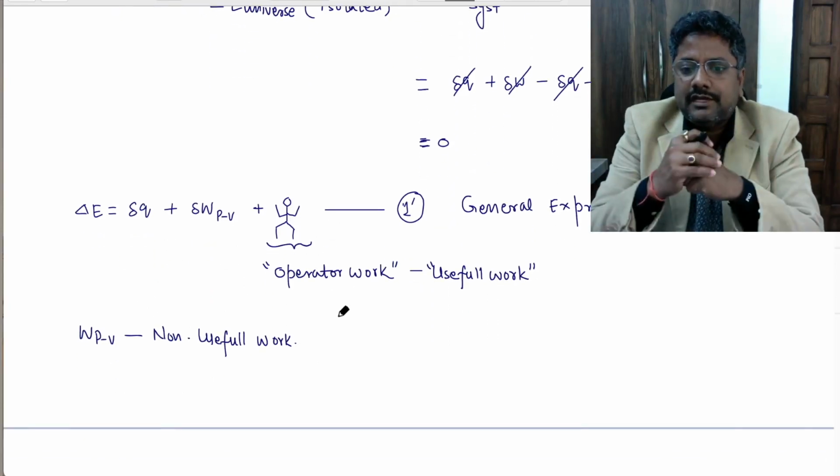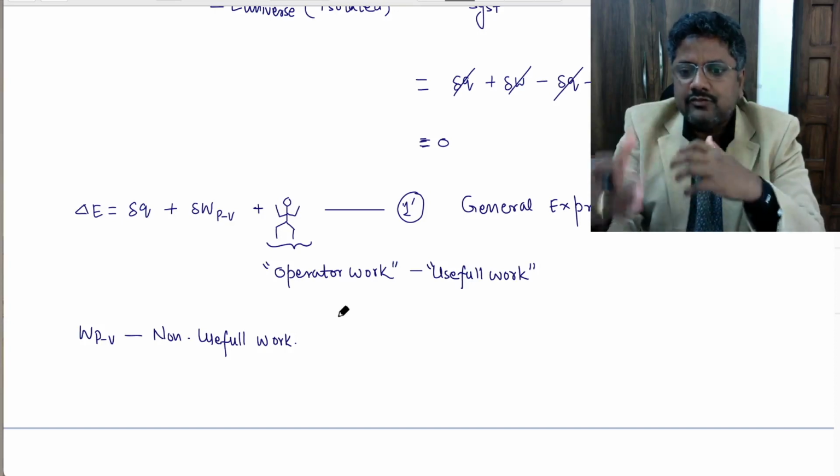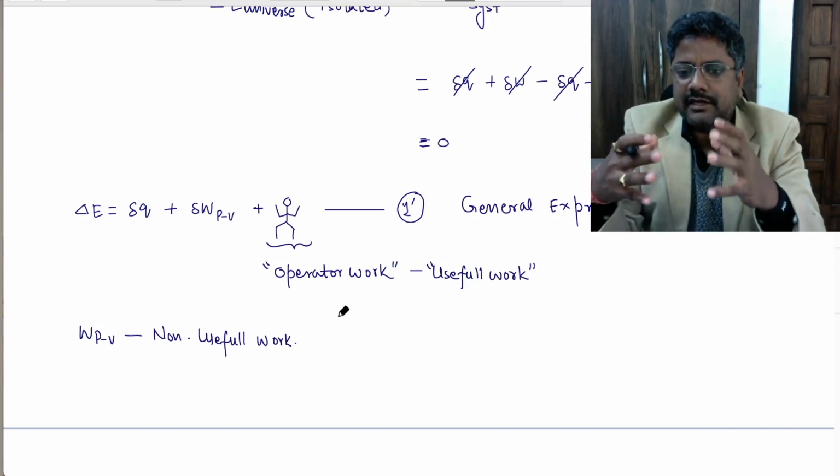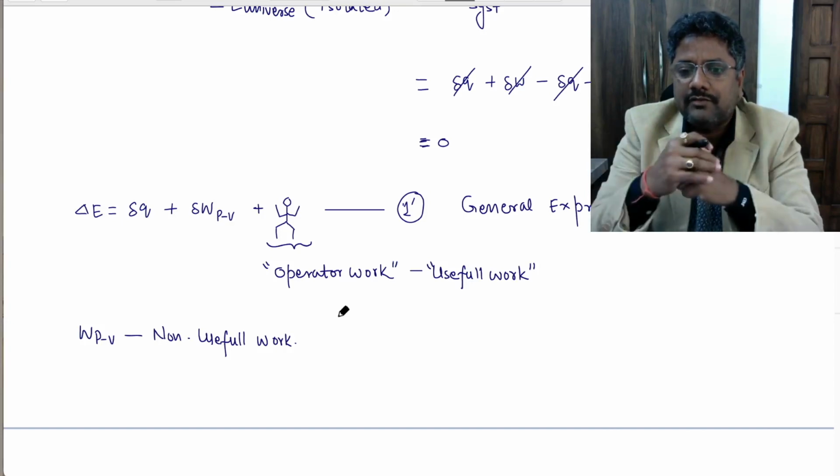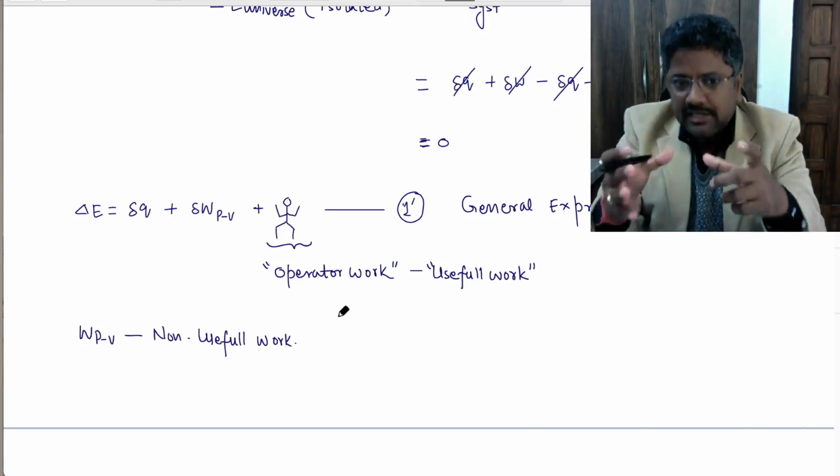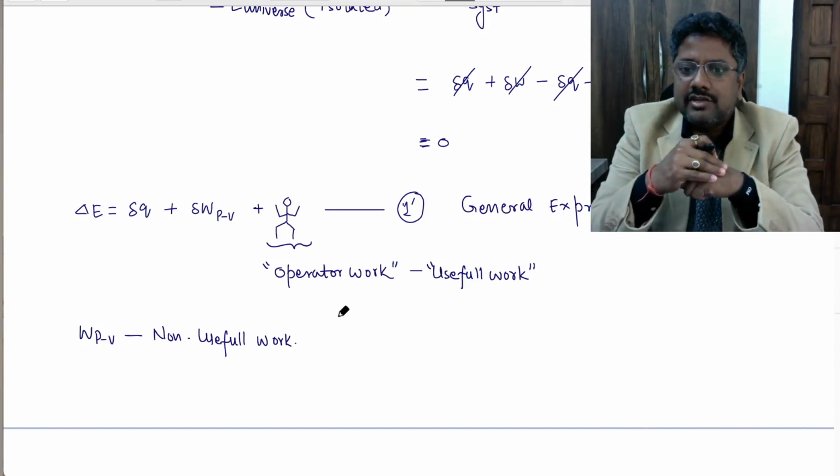At your level, we first try to familiarize you with how to calculate this PV work. But I am giving you a general expression for the first law of thermodynamics, which is not restricted only to PV work.